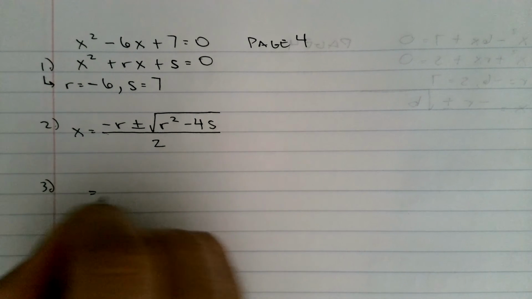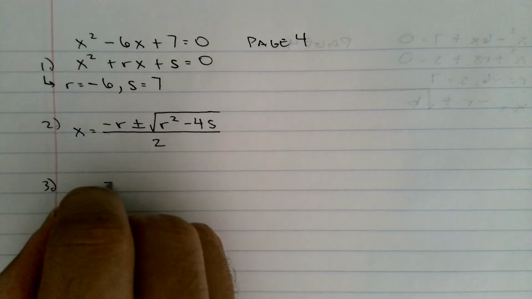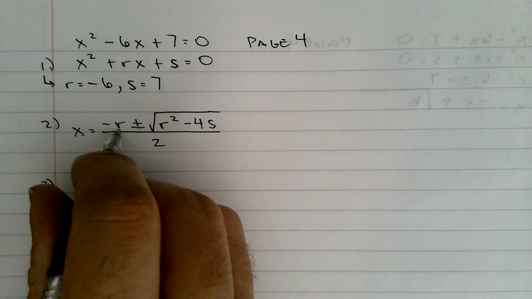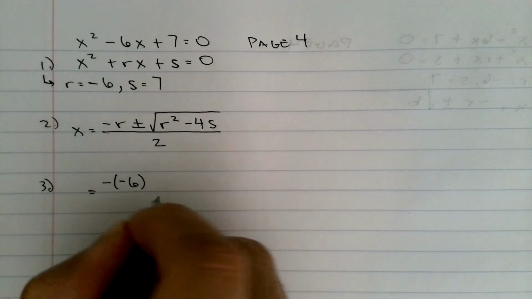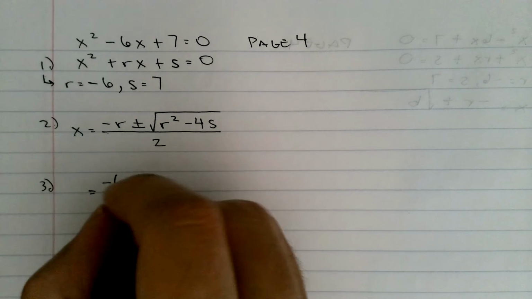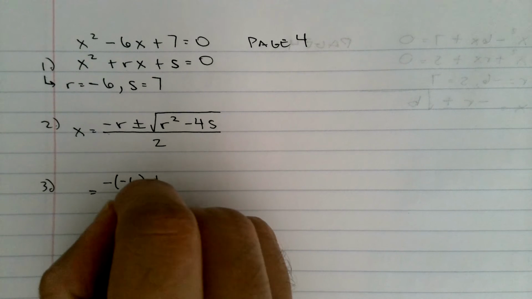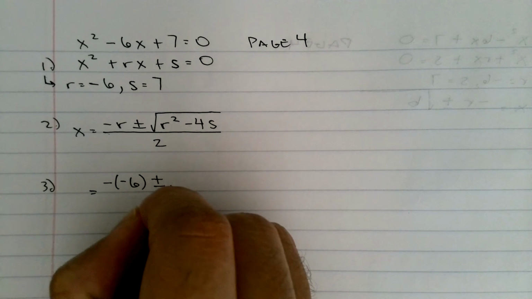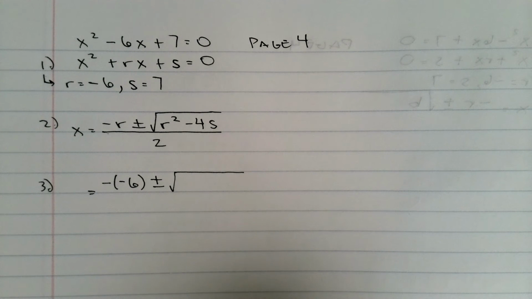So here's how it's going to look. Now I have a negative r, so I'm going to put the negative there still, but the r value itself is the number -6, so I'm going to put -6 in parentheses. Anytime you have an r or s value that is a negative number, make sure you keep that in parentheses. Plus or minus the square root of r squared.